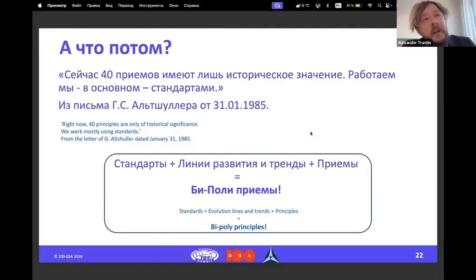Anyway, you remember the initial request was just to reduce some tension, but as Altshuller said in 1885, the 40 principles were just history, and we work with standards.